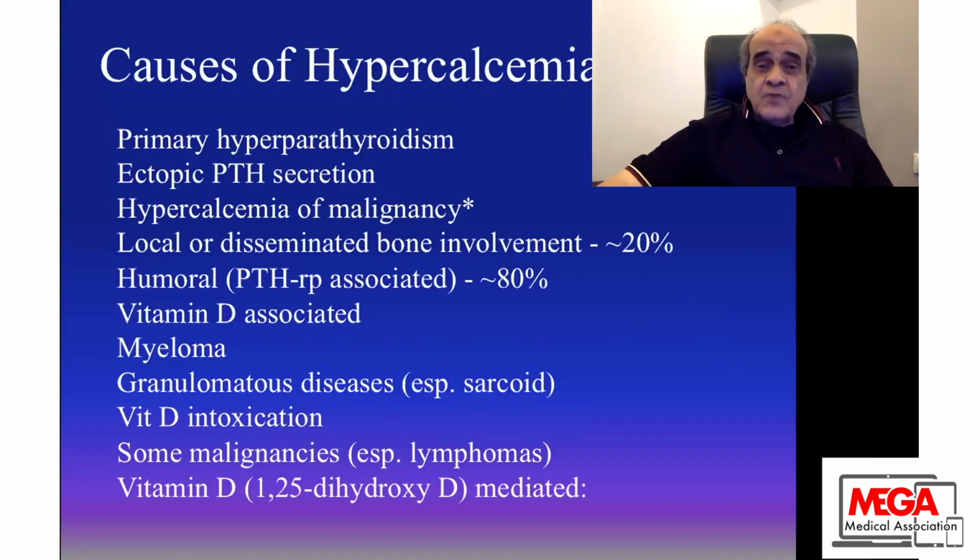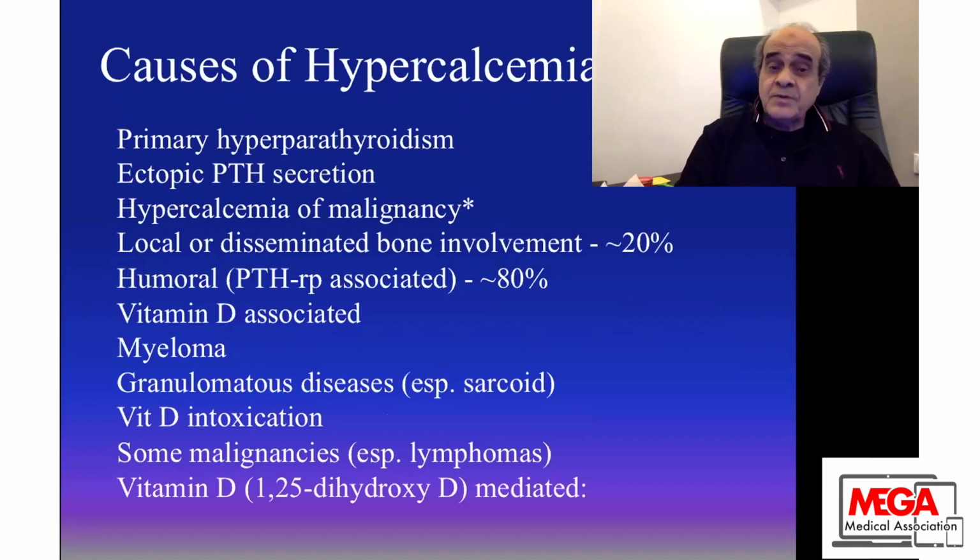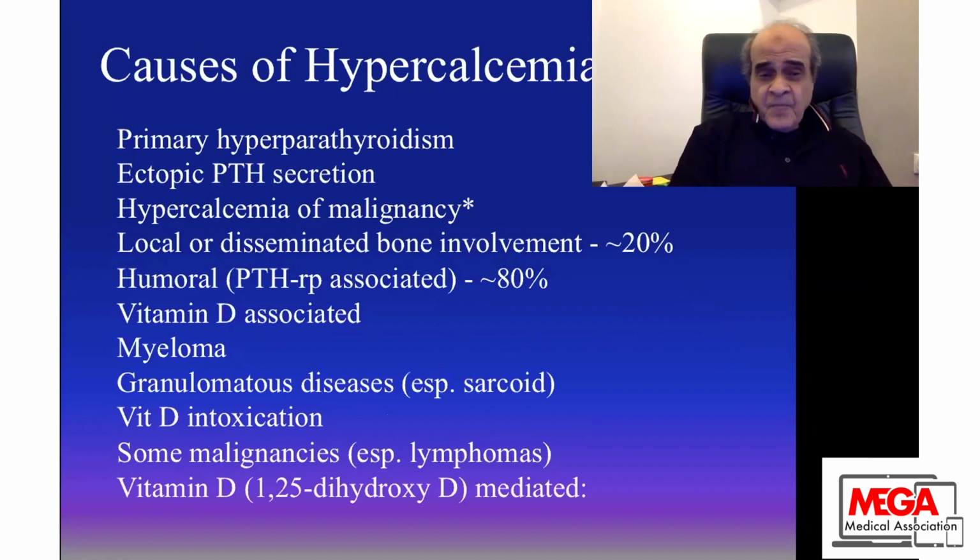The causes of hypercalcemia in general: primary hyperparathyroidism, ectopic parathyroid hormone secretion, hypercalcemia of malignancy, and this is very important really. Local or disseminated bone involvement, humoral parathyroid hormone related protein associated in 80% of them, vitamin D associated, multiple myeloma, granulomatous disease like sarcoid. But this patient exhibits a normal chest X-ray and I think no sign.